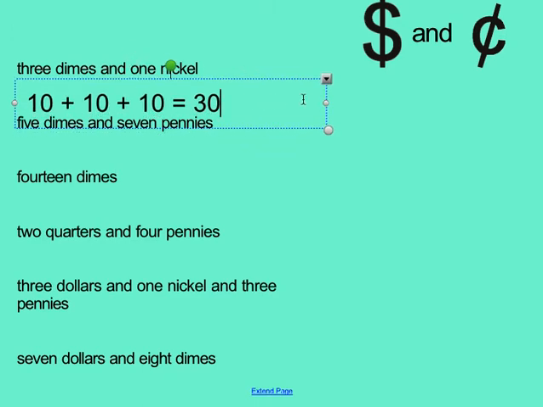And then we also have 1 nickel, which we know is equal to 5 cents. So we'd have to add together 30 and 5. And we know that 30 plus 5 would be equal to 35 cents.